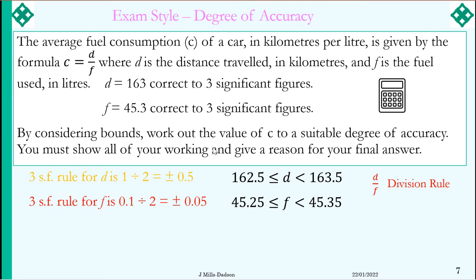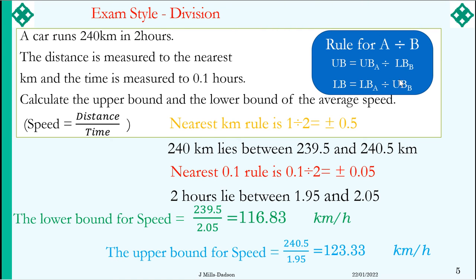In case you've forgotten, let me take you back to division rule. So this is the division rule. To get the biggest, the biggest of the numerator divided by the smallest of the denominator. To get the lower bound, the smallest of the numerator divided by the biggest of the denominator.